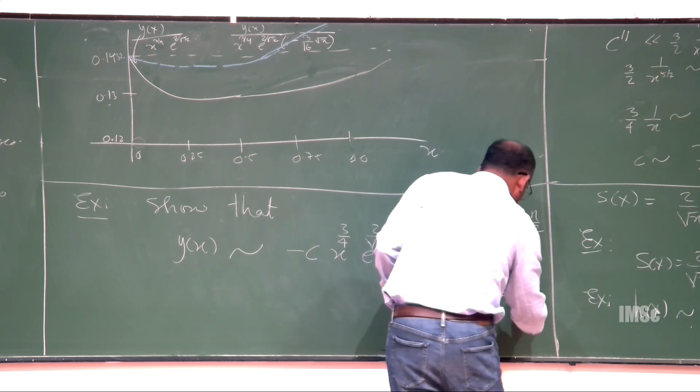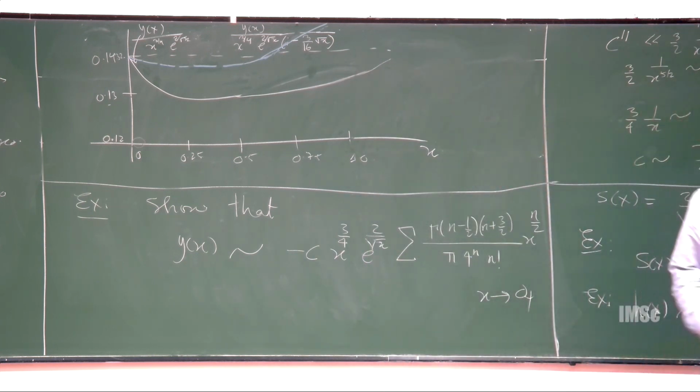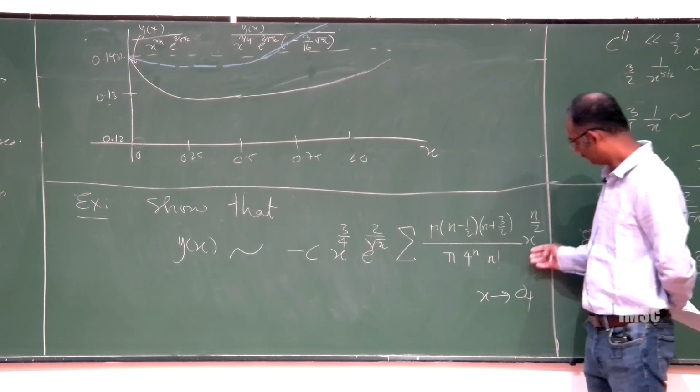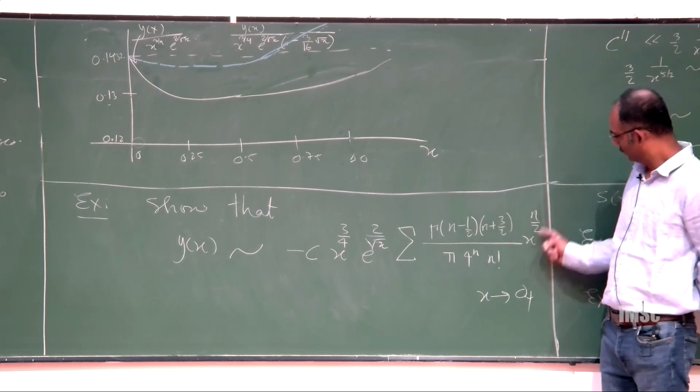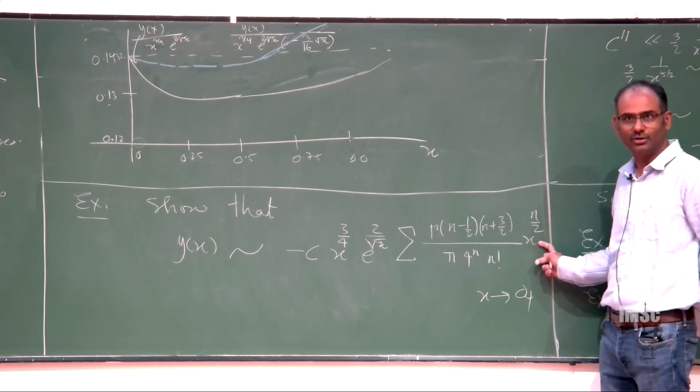That's what you get. Now you might want to stare at the result that I have written and see whether it makes you happy or unhappy. So you have x to the n over 2, n equal to 0, 1, 2, and so forth.